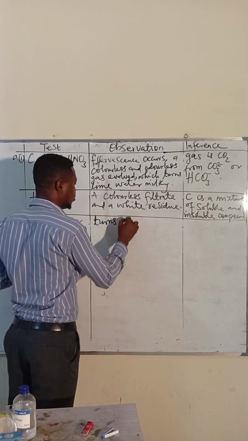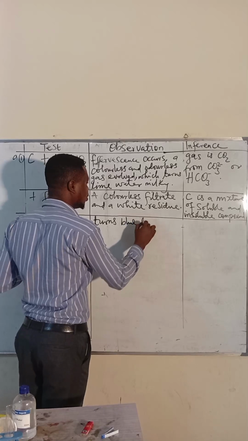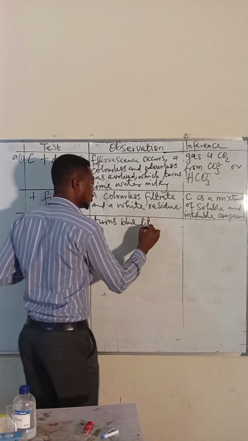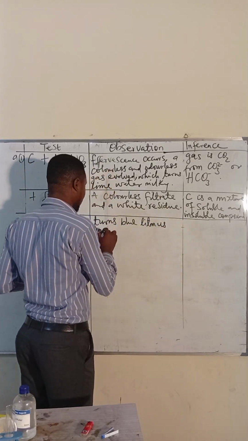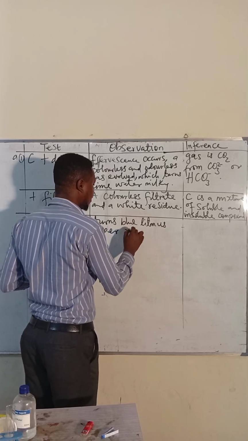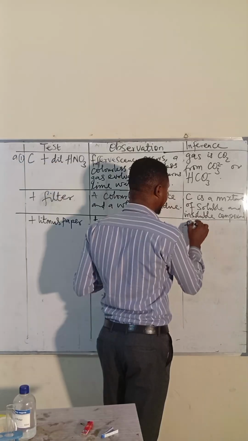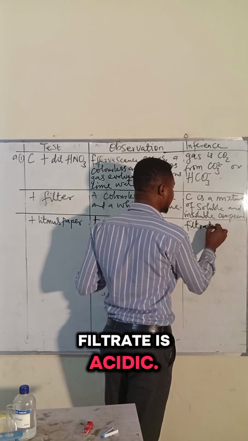Turns blue litmus paper red. Filtrate is acidic.